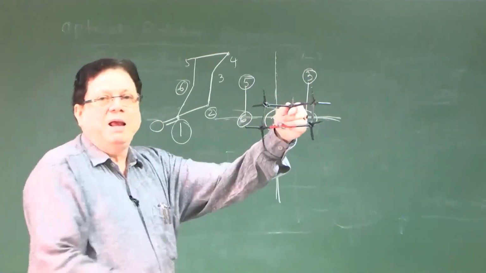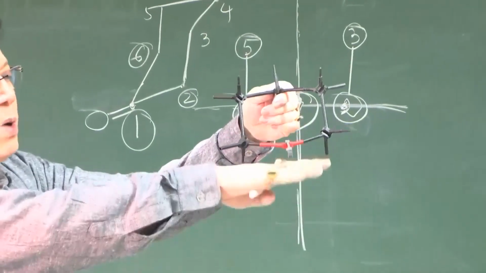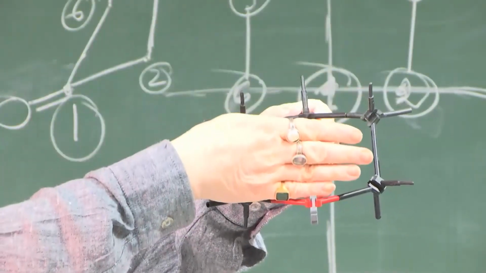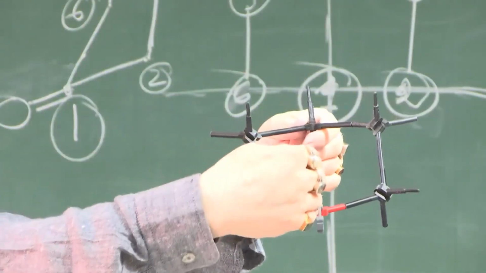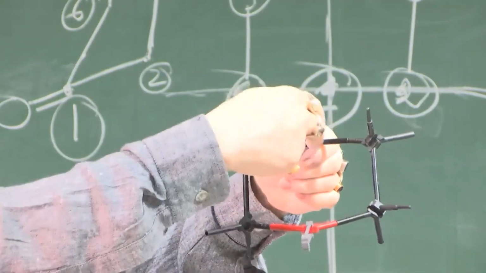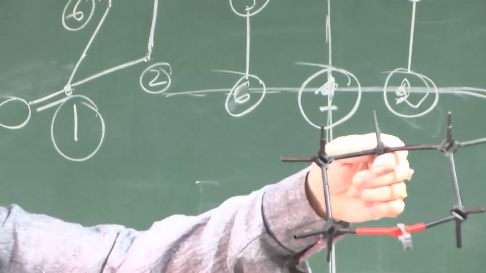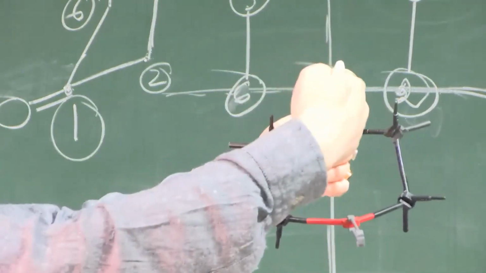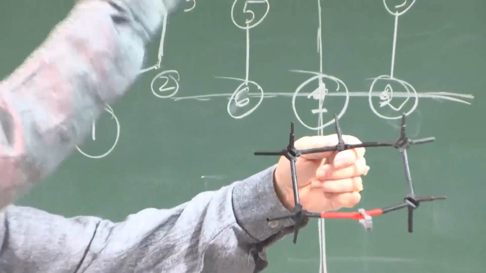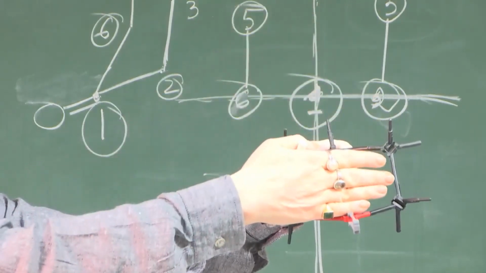So, one plane was like this, another plane was going through this, and the third plane was going like this. The second plane, which goes through C1, will also go through C4 in the cyclohexanone. So, there are 3 planes.